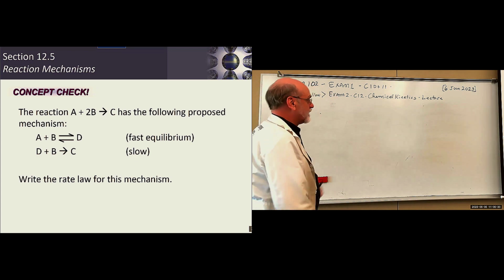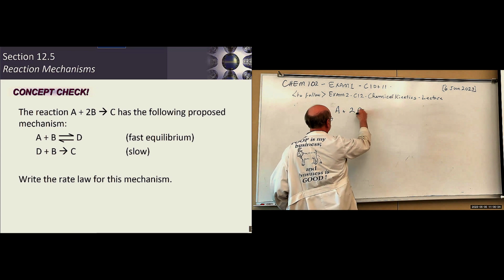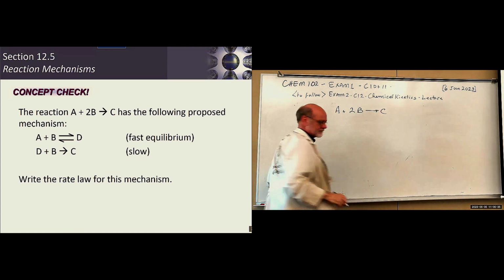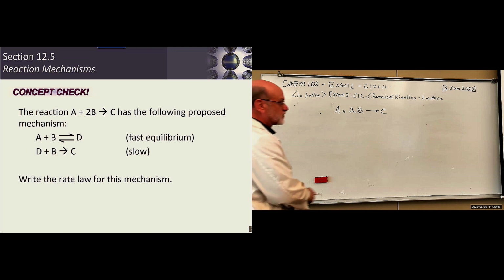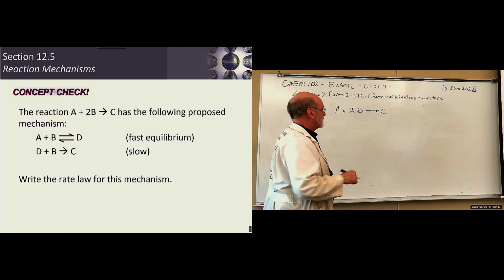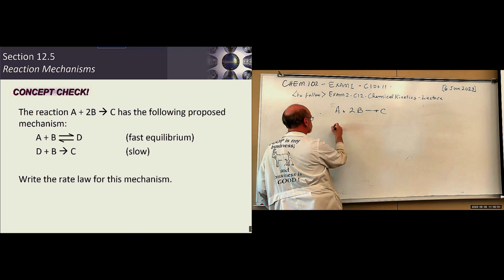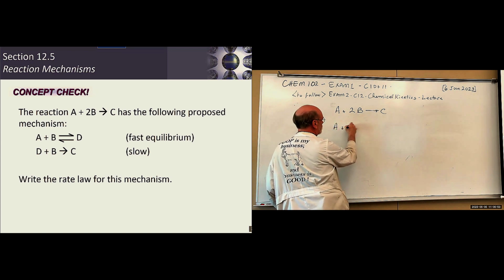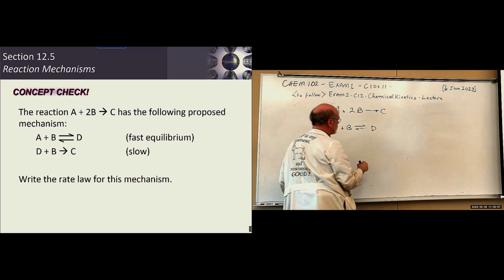This reaction, A plus 2B yields C. Okay. Let me check this out here. Oh, good. Right. I do have subsequent slides that put this one together. So we've got a proposed mechanism of a fast equilibrium.